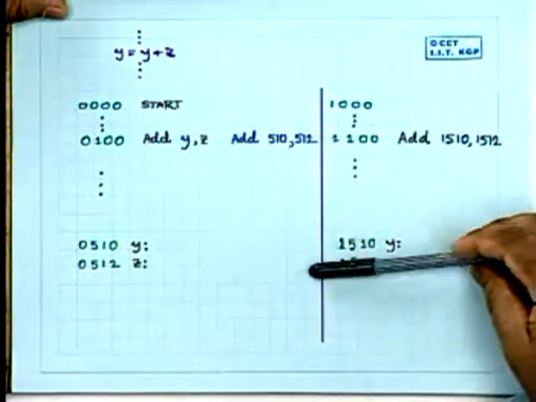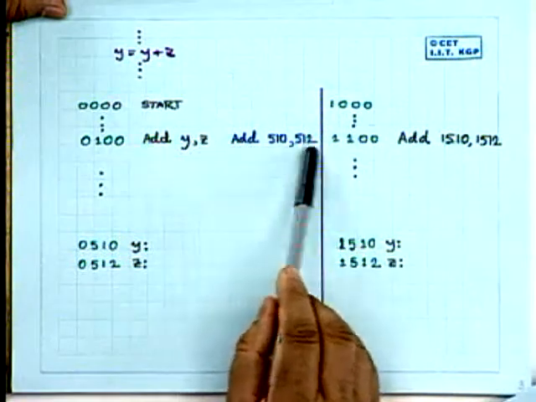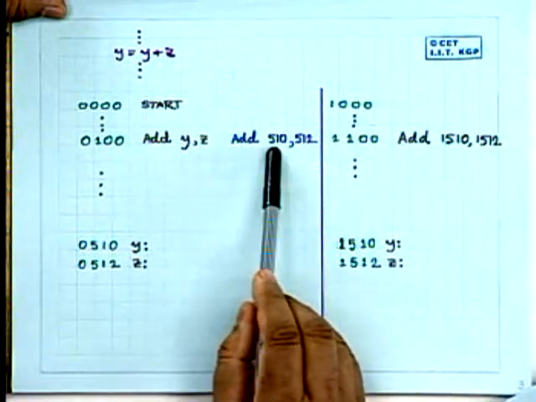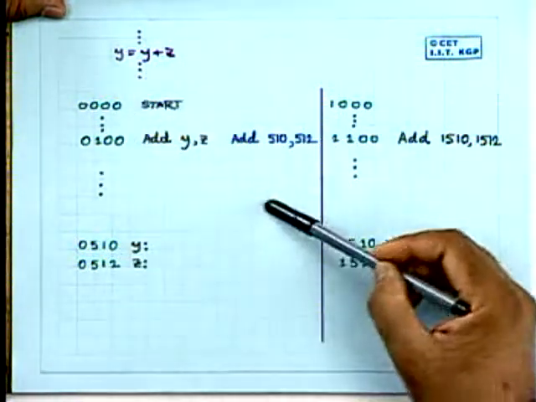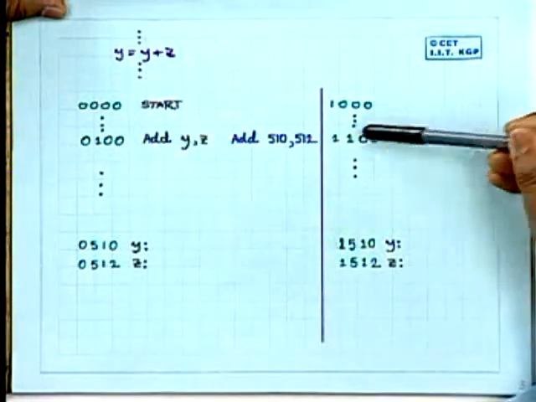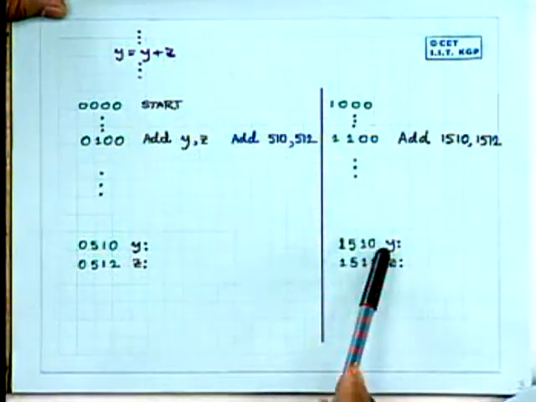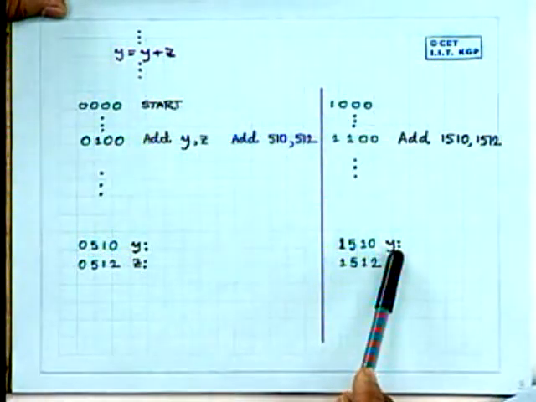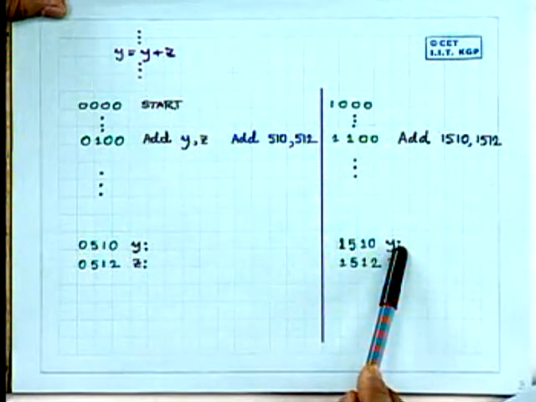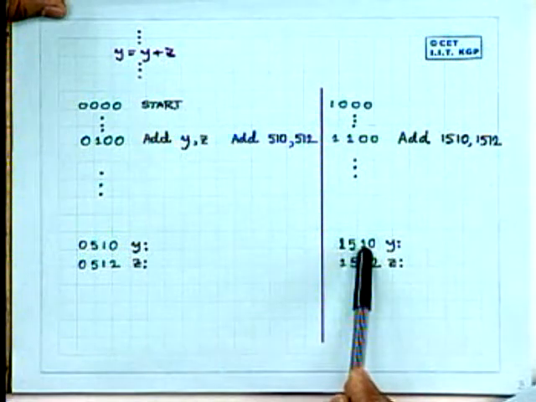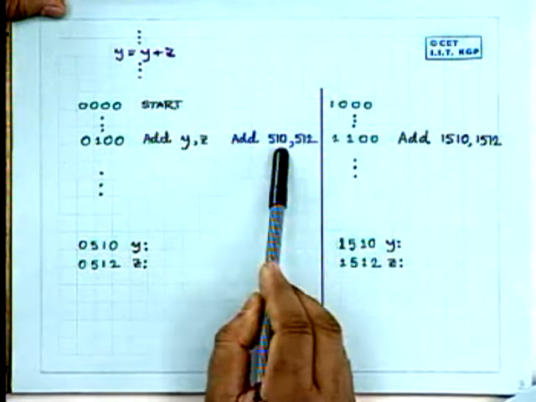In that case, you can see that if we keep the instruction as such, that means add 510 to 512 and load that entire program starting from 1000, the execution of the program will be wrong, because the addresses bound to the variable y should be 1510 and to variable z should be 1512, and not 510 and 512.